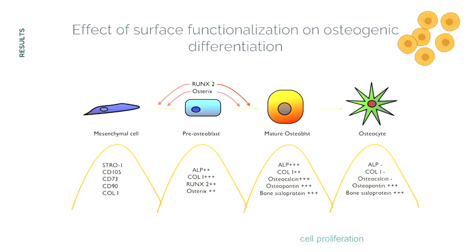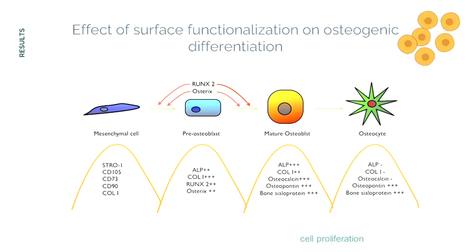The next step in my project was to test the effect of surface functionalization with probiotic bacteria on osteogenic differentiation. As I told you at the beginning, when we talk about hard tissue integration after implantation, the mesenchymal stem cells are recruited to the implant site.